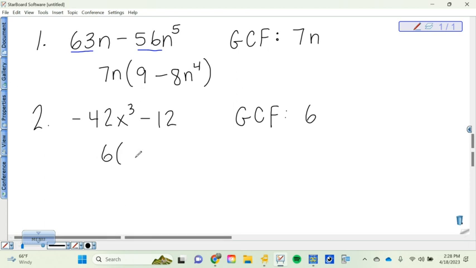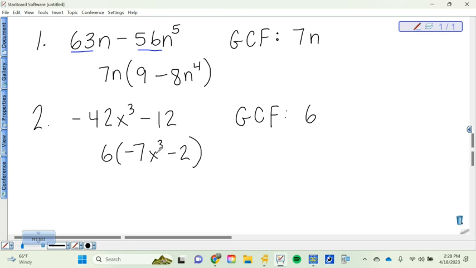And 6 times what gives me negative 42x cubed? Negative 7x cubed. And then 6 times what would give me negative 12? Negative 2. And notice how all the terms in the parentheses are negative.